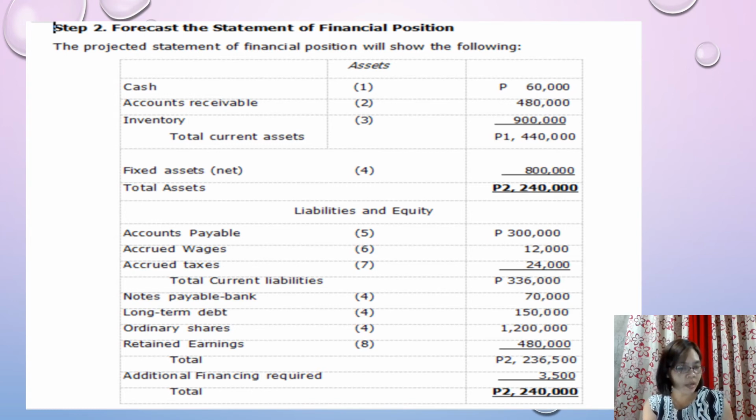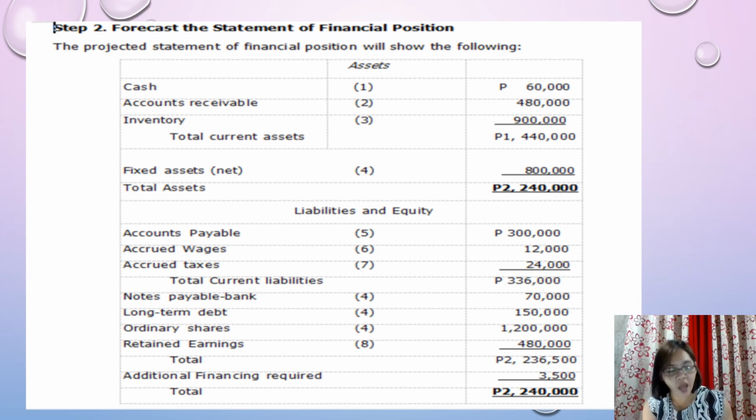And then, accrued wages, 12,000. Yan naman po ay yung accrued expenses. Okay? Or wages. Yan po ay 0.5% ng 2,400,000. So, yung 0.5% ng 2,400,000 is 12,000.